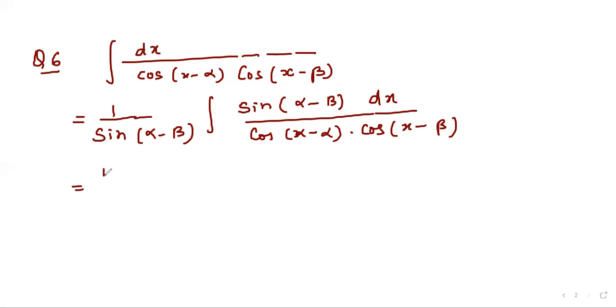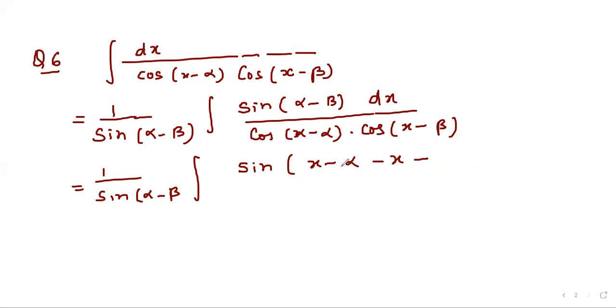Now further, 1 upon sine alpha minus beta times integration. Here we insert x. So sine of x minus alpha minus x.